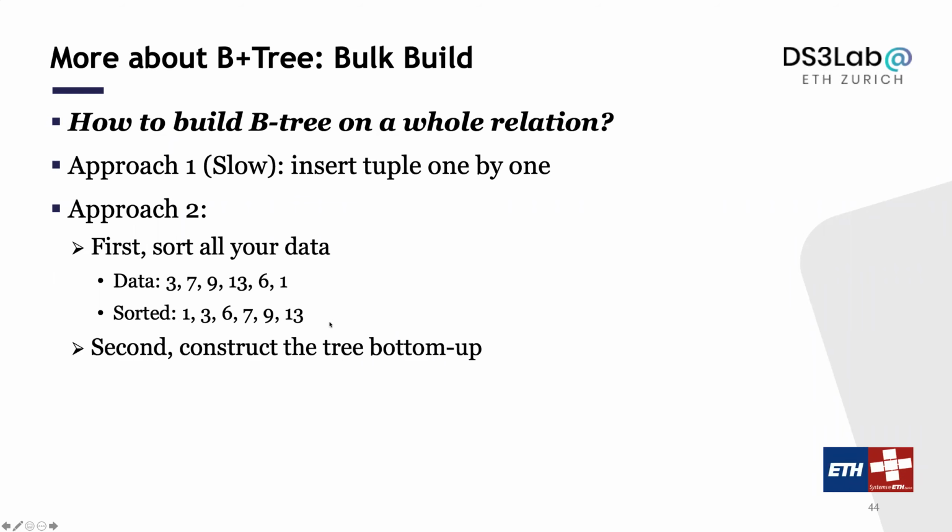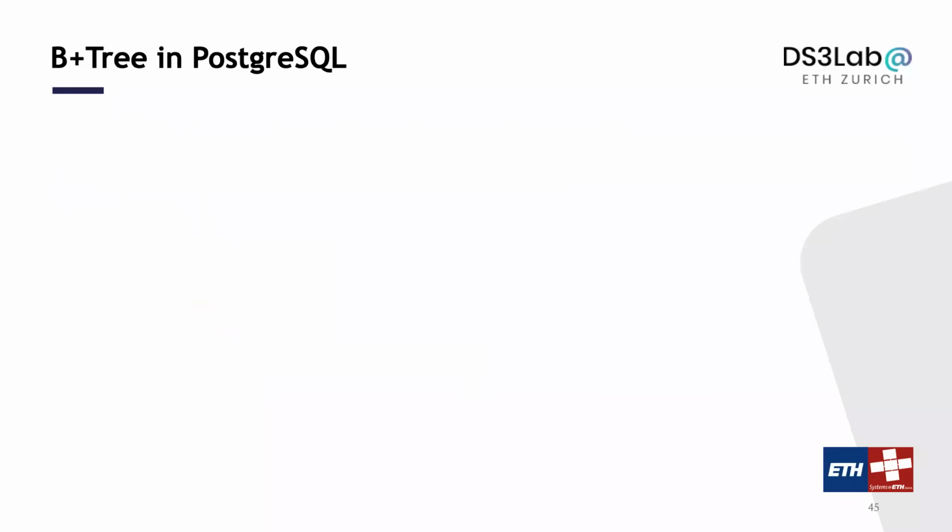And then you build the tree in a bottom up way, okay? You put the sorted data together and partition them into different nodes, building the tree bottom up, right? Whenever you are doing this, for example, building a B tree index over a relation, often this is what happens under the covers.